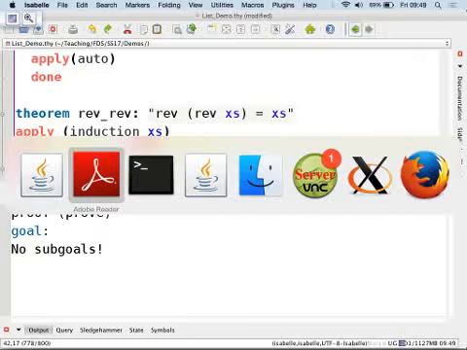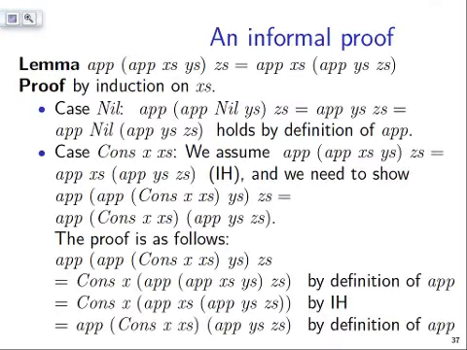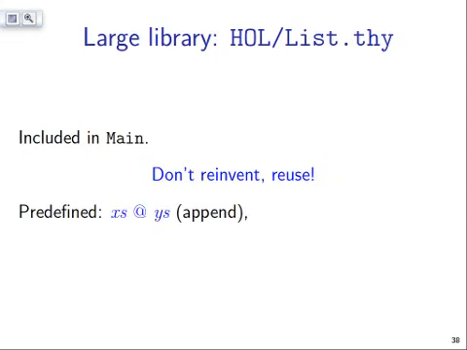Okay, if there are no further questions, then let's finish with the slides. That was the informal proof. No, I won't go through that one. This demo was really just for demo purposes. You should really use the basic lists that are already there in Main, and you don't have to reinvent lots of stuff, just reuse what's there.